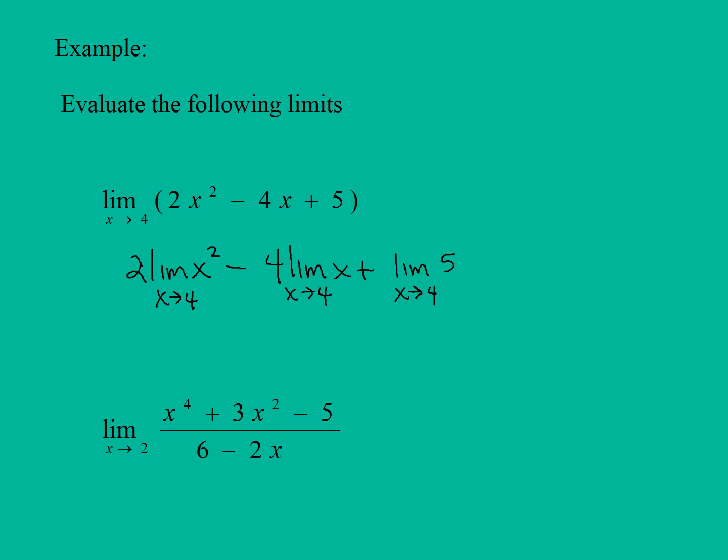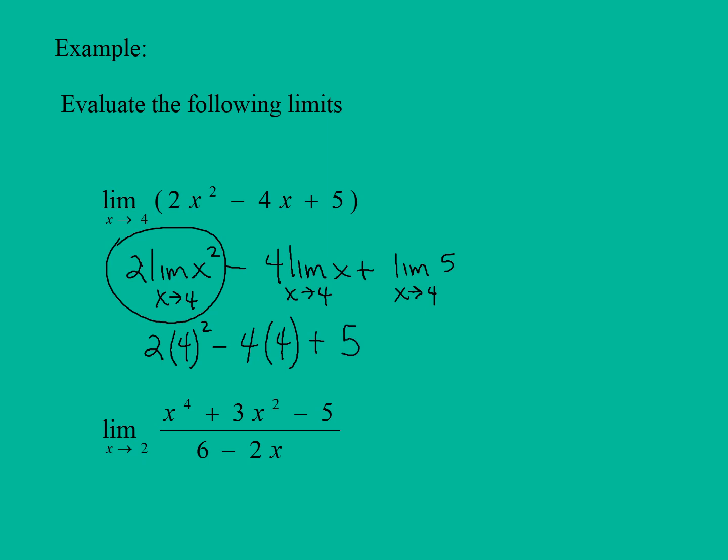If you use direct substitution for this first term, we would have 2, and x squared is a continuous function, so we can use direct substitution. We would have 2 times 4 squared minus 4 times, now we're going to use direct substitution again, times 4 plus, now this is the rule that we learned on the prior slide, the limit of a constant as x approaches 4.